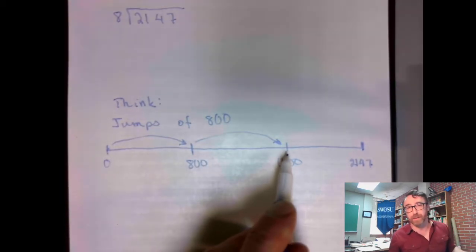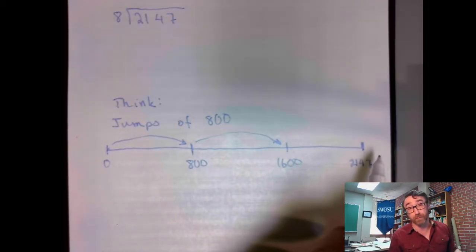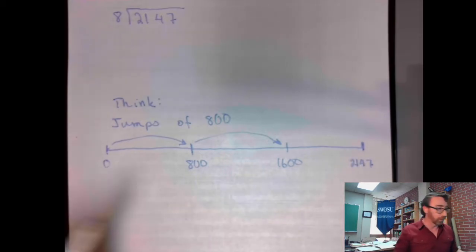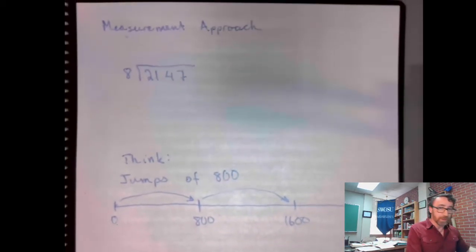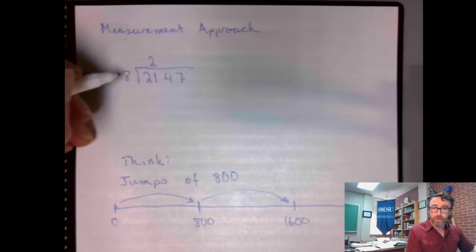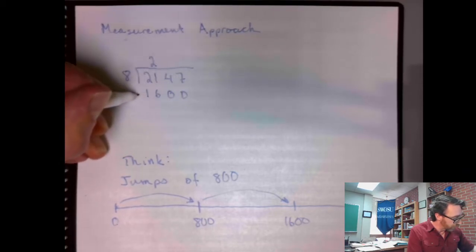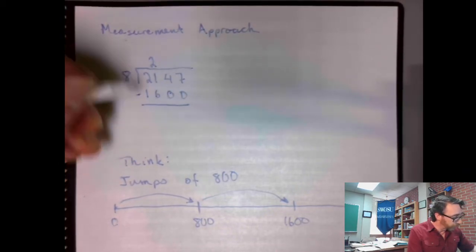Now, if we were to take another jump of 800, we would overshoot, and we'd get to 2400, so we don't want that. Okay, so we can take 2 jumps of 800, so we're going to keep track of that right here. We took 2 jumps of 800, which took us to 1600, and then we'll subtract.